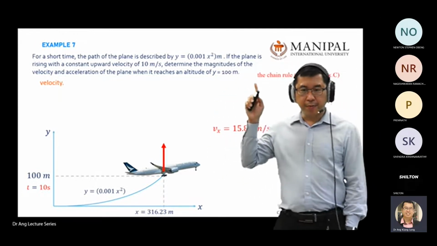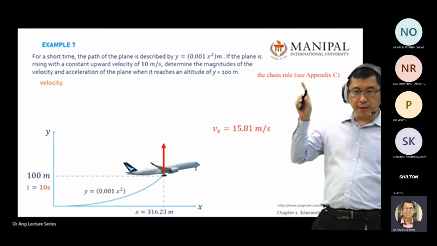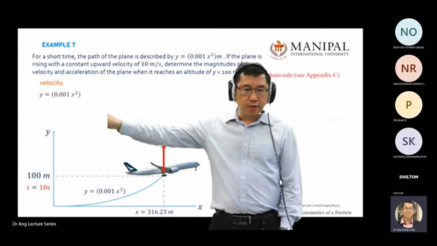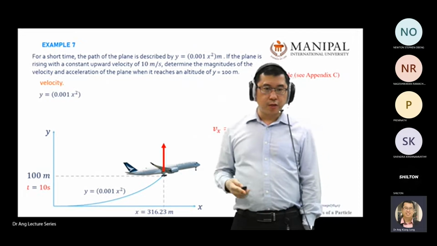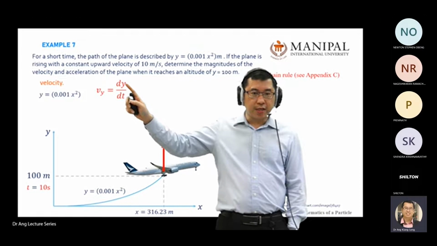Remind me if I forget to upload this in the Teams. So how to find velocity? You have your y equal to one equation. To find velocity, velocity in y direction is dy/dt.